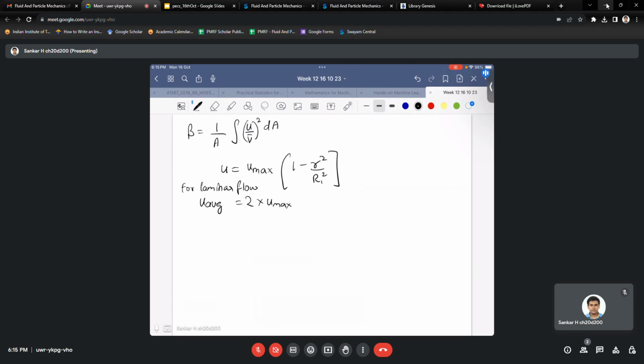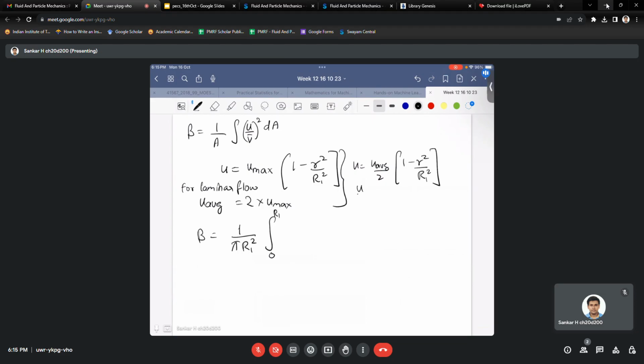So if you substitute this here and substitute for area as pi r1 square times the integral from 0 to r1, from these two relations we can get that u is equal to u average by 2 times 1 minus r square by r1 square.